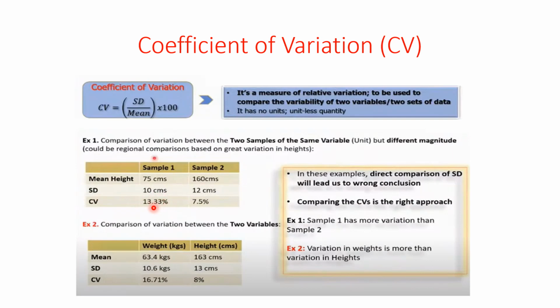So here the variation is more as compared to the second sample, while the standard deviation of sample 1 is lesser as compared to sample 2. So sometimes we might end up drawing the wrong conclusion when we look at only the standard deviations. But again, let me tell you, coefficient of variation is popular only in a few disciplines.